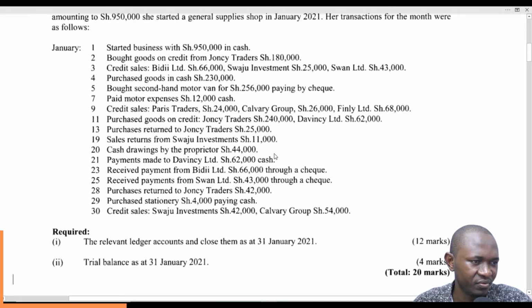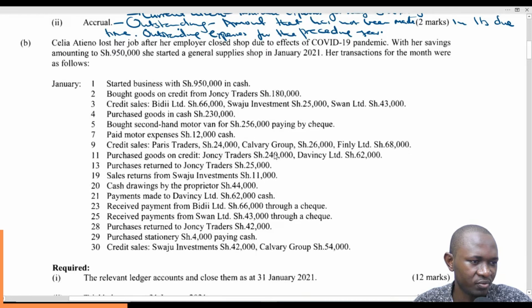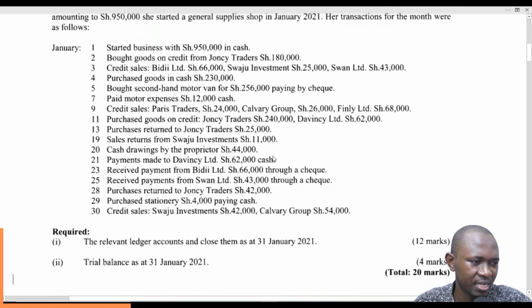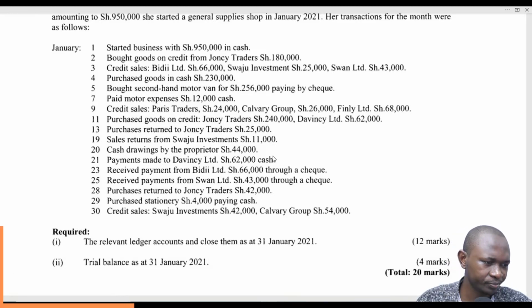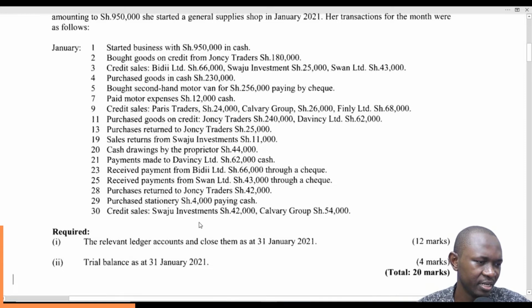Started business with 950,000 in cash, bought goods on credit from John C. Traders, credit sales, then purchased goods in cash, bought second-hand motor van, paid motor expenses, credit sales, then purchased goods on credit, purchases returned to Jolsi, sales returns from Swaju, cash drawings by the proprietor, payment made to Devins C. Limited, received payment from BD Limited, received payment from Swan Limited, purchases returned to Jolsi, purchased stationery, 4,000 paying by cash, and then lastly credit sales.